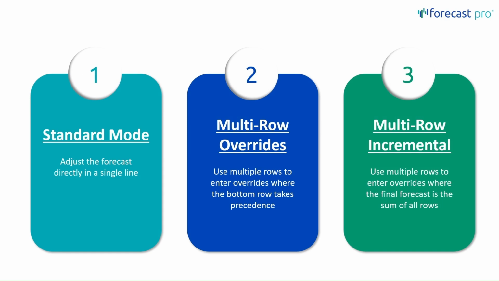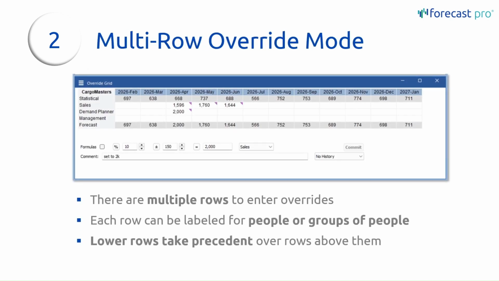So now that we've looked at the standard mode, let's move on to the multi-row modes, starting with the multi-row override mode. As you can see, unlike the standard mode, we have multiple override rows where we can make changes. Each of these rows will be labeled for a person or group of people.